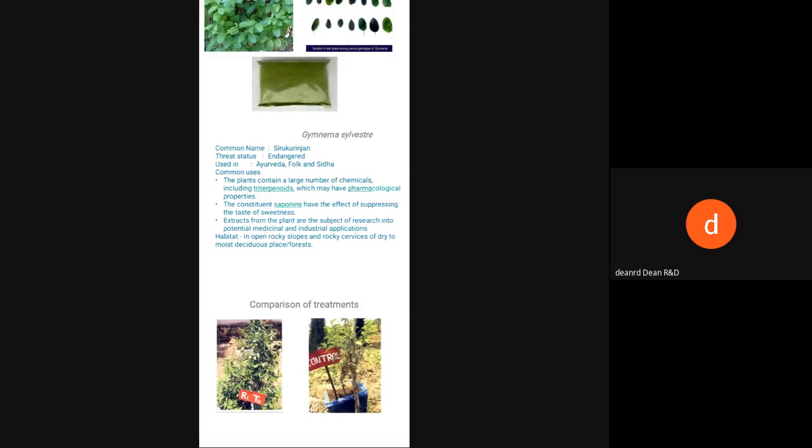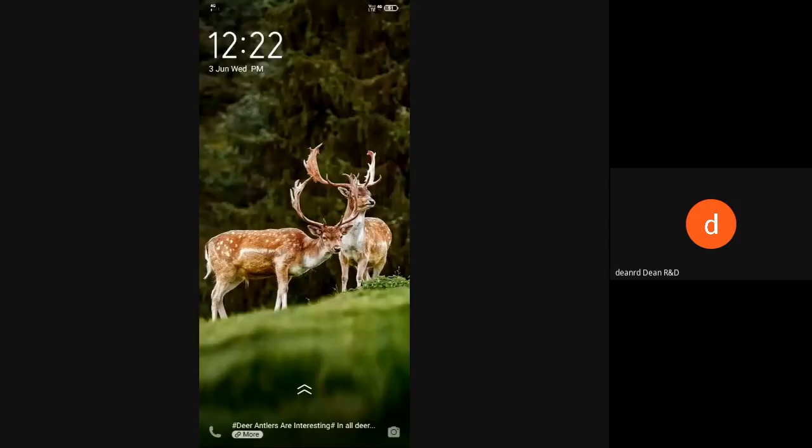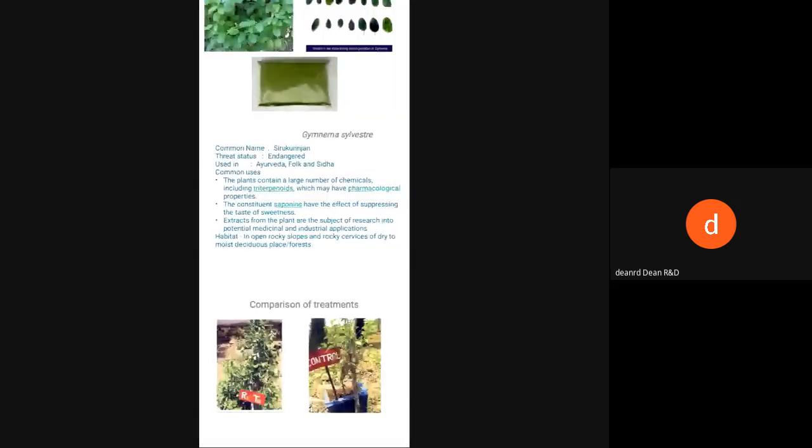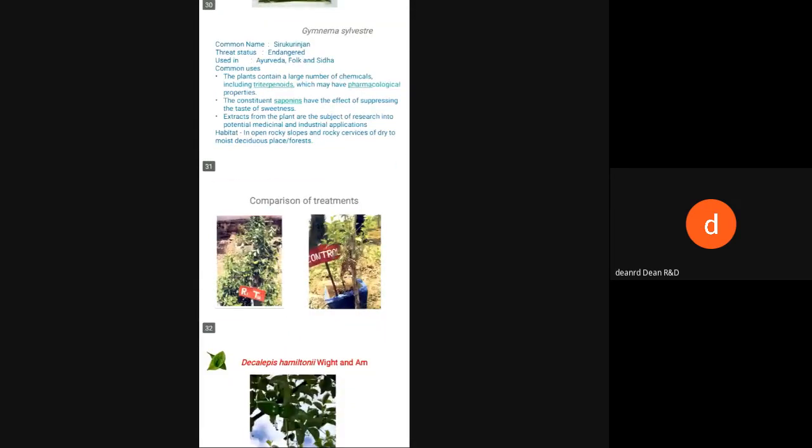The constituent saponins have the effect of suppressing the taste of sweetness. That is an important aspect. The extracts from the plant are the subject of research into potential medicinal and industrial applications. Its habitat is open rocky slopes and rocky surfaces of dry to moist deciduous places, and it has also been seen in forests.